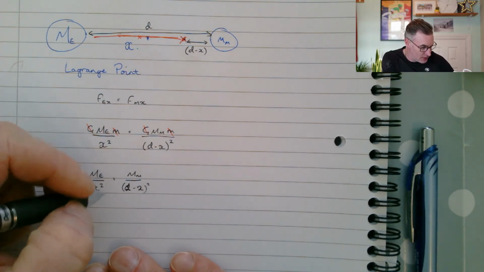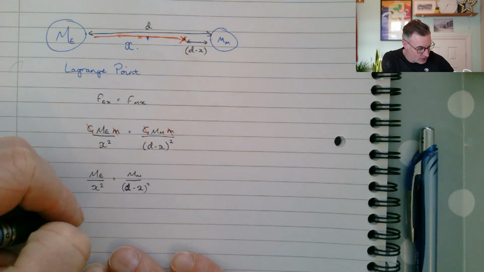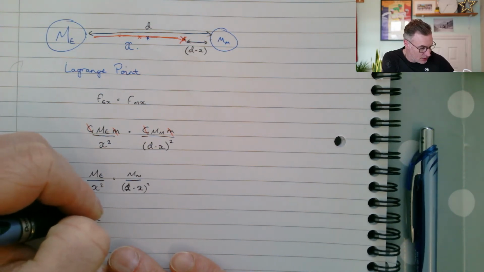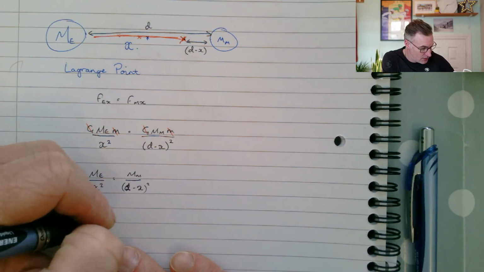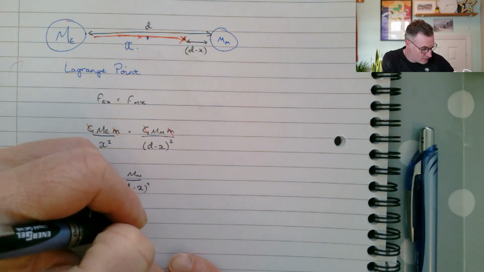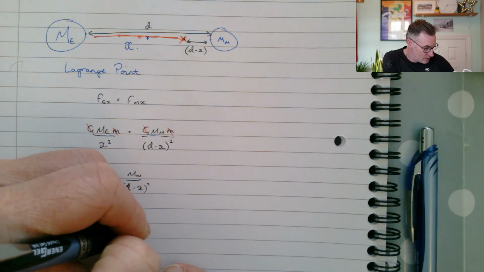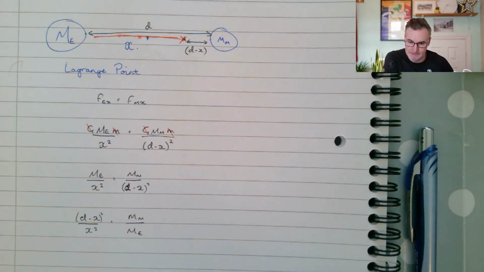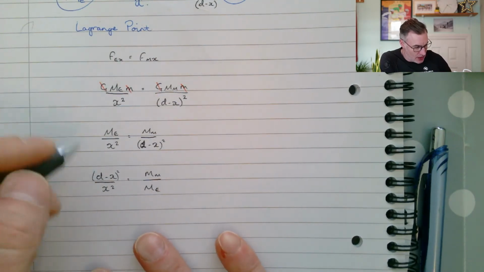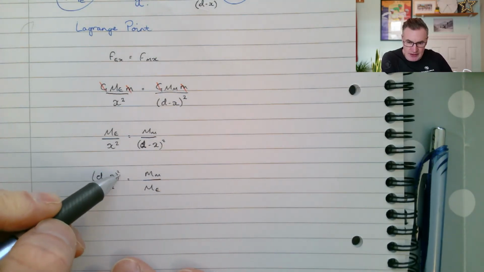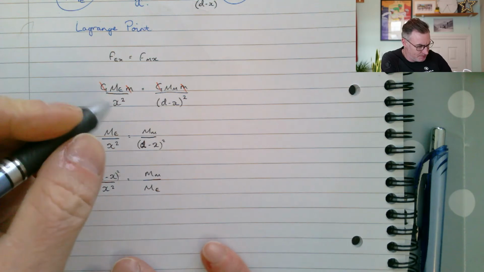Sorry, so we're going to go d minus x squared, and that leaves us with this. We can then get rid of these squares here.